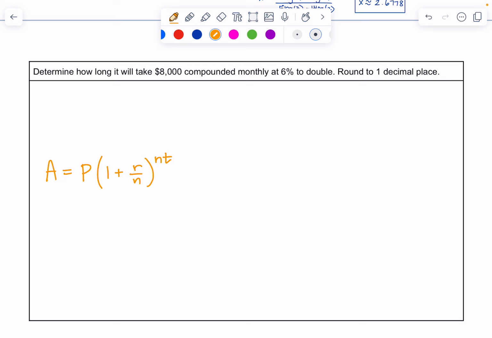So A is the final amount. P is the principal amount. And what that means is basically initial. We use P for principal, but same thing. Okay, R is a rate as a decimal.